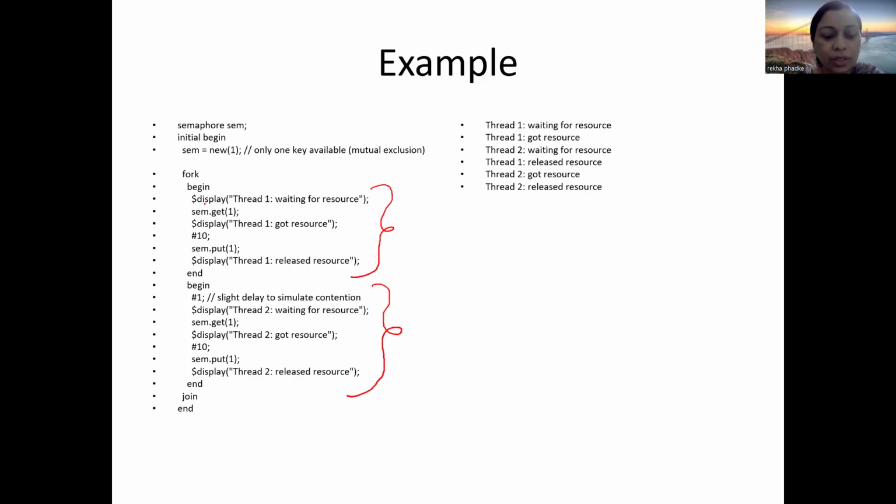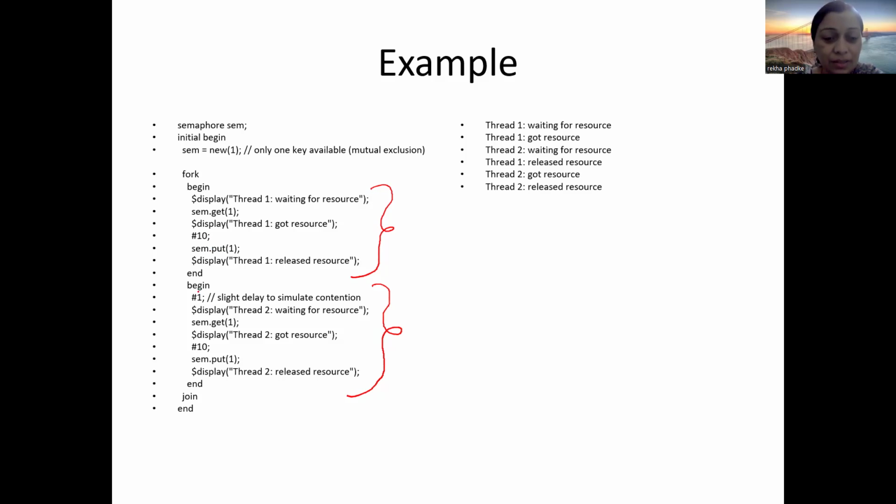So here, dollar display, only one key is there, mind you. So dollar display thread one waiting for resource, sem dot get of one. Thread one got resource, dollar display. As soon as sem dot get happens, and if the key is available, thread one got resource, right? And after a delay of 10, sem dot put of 1 happens.